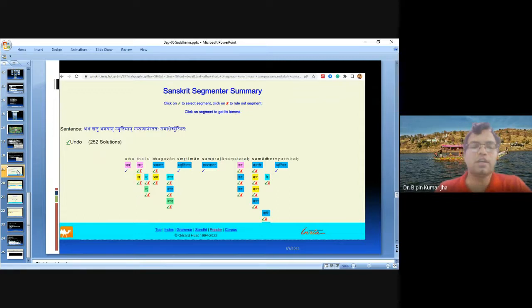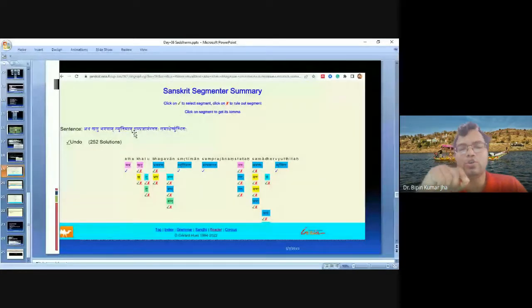Okay, so I have just taken one sentence: Atha khalu bhagavan smritiman samprajanan tatah samadhe vyutthitah. Now I have given it there, and you need to select which type of input it is, either one word or one sentence.